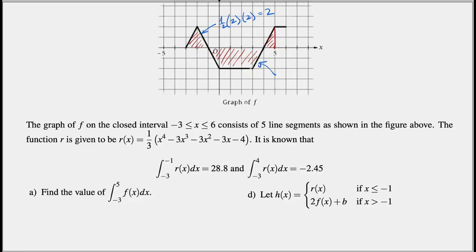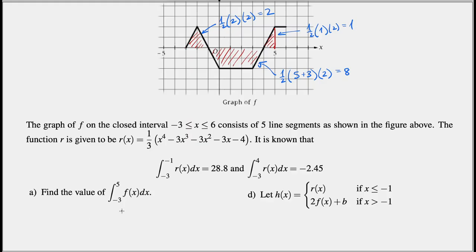Down here we have a trapezoid, and the area of a trapezoid is 1/2 times the sum of the two parallel sides, which is that distance right there is 5, and that distance there is 3, so 5 plus 3. And then times the distance between the two parallel sides, which is 2. Which is 8. And then finally this area here, again 1/2 base times height, 1/2 1 times 2, which is 1.